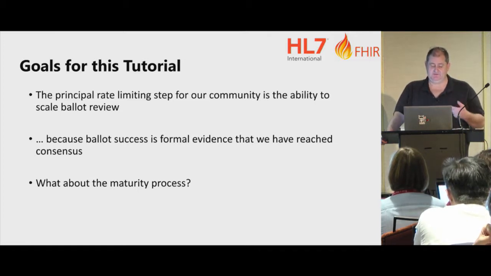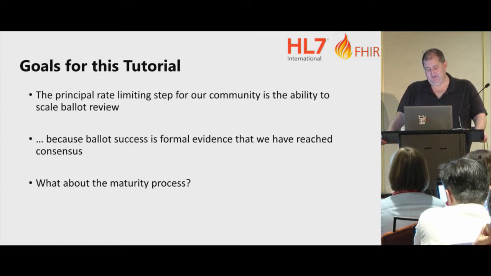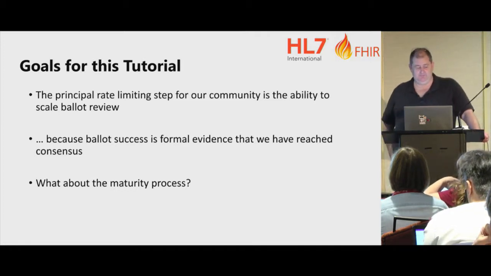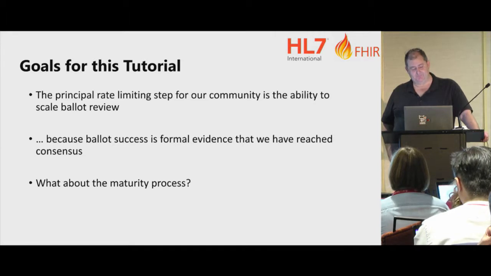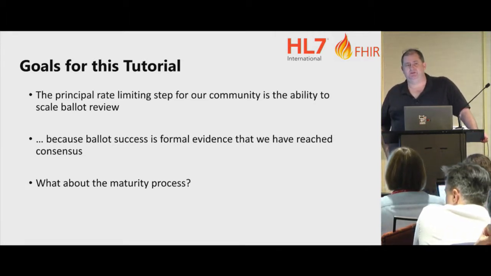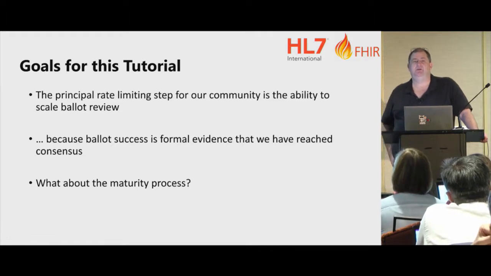And then there's a circular feedback process back into implementation guides to bring the overall maturity both to the guides and to the community and their output. So feel free to ask questions at any time.